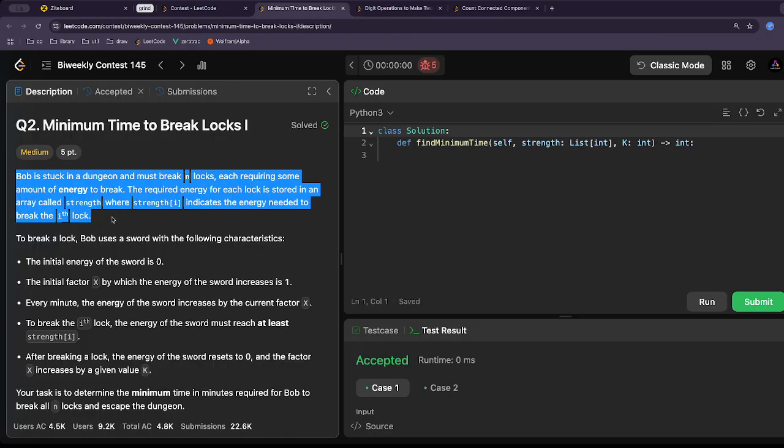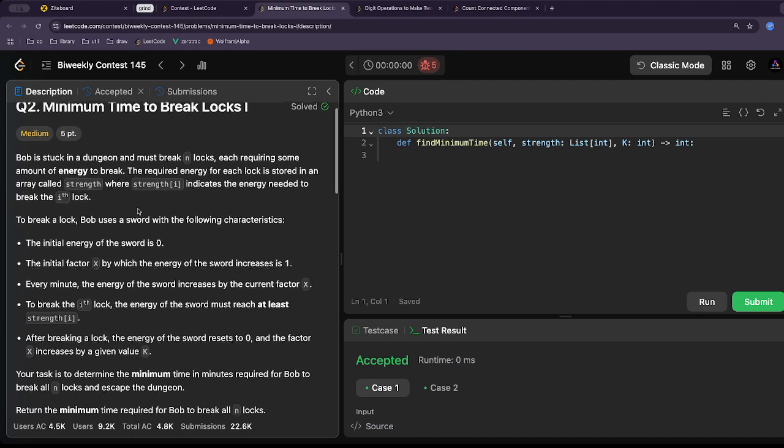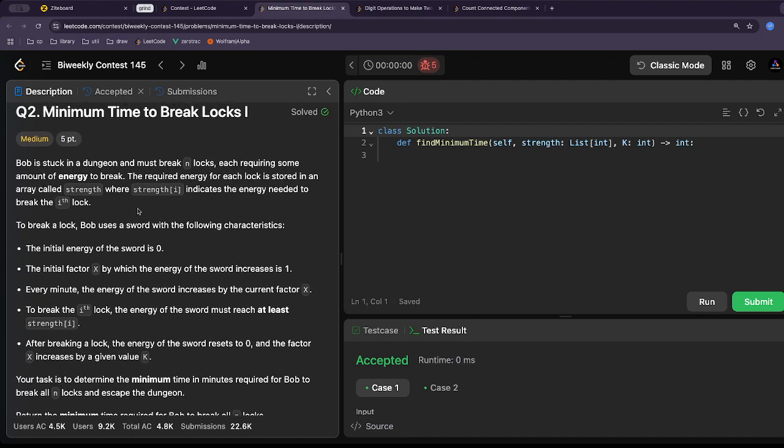For some reason I thought about swords, because this talks about swords. Usually when you have a sword, you have to kill monsters, so I hallucinated that this problem was about killing monsters, but it's about breaking locks.